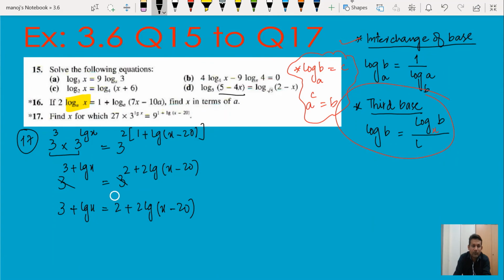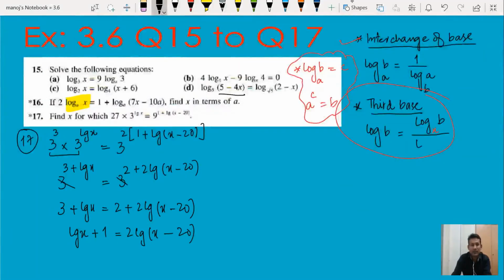When we move 2 to the left hand side, 3 minus 2 is coming 1. Okay, log x plus 1, then 2 log x minus 20.